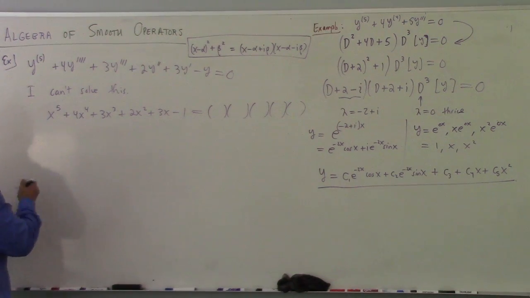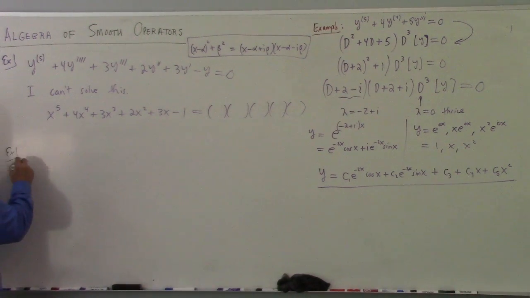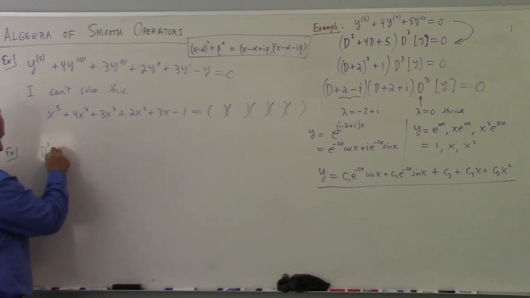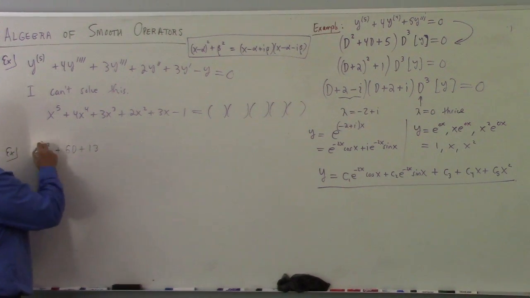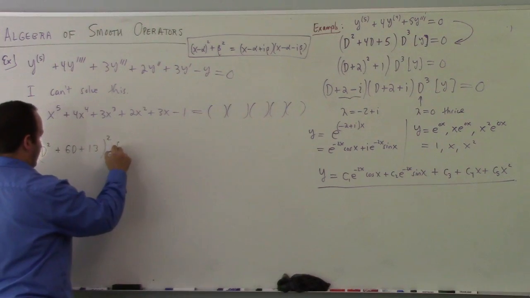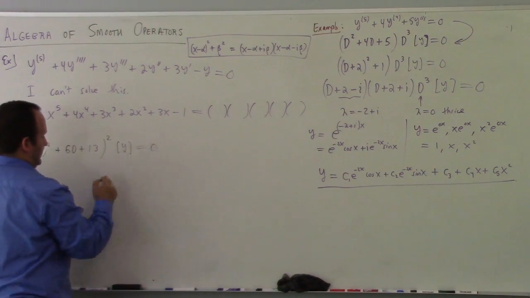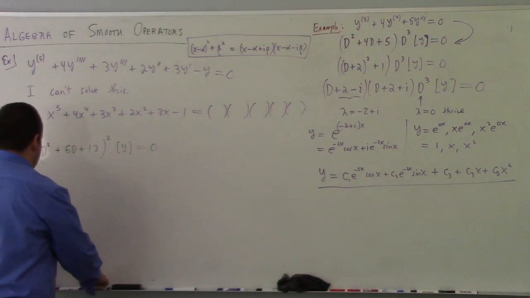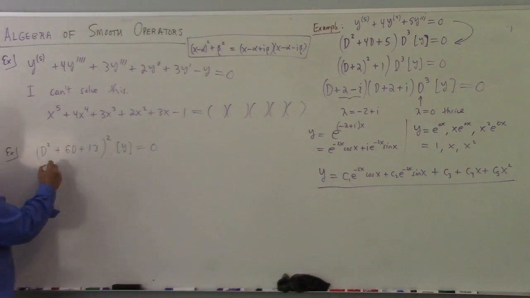One more example, we'll call it a day. Suppose I have D squared plus 6D plus 13, square that thing, y equals 0. This is a fourth order differential equation. I guess I could write it explicitly for you in y prime prime notation, but it's kind of beside the point. How do you find the solution? Well, complete the square.